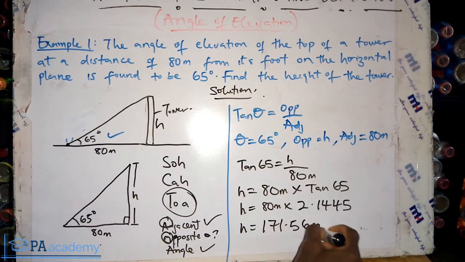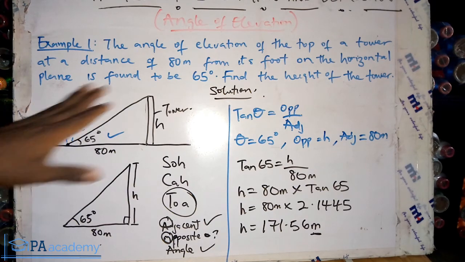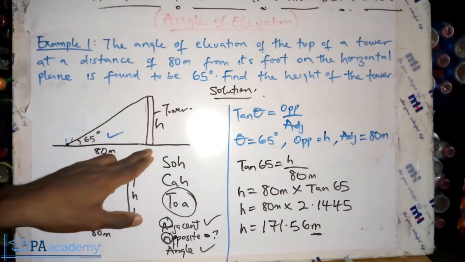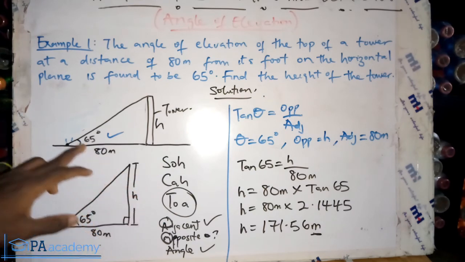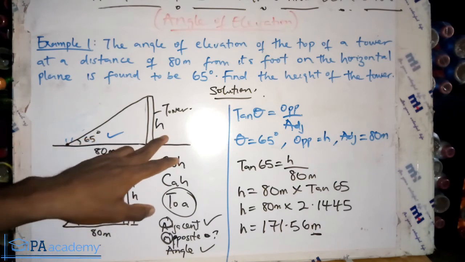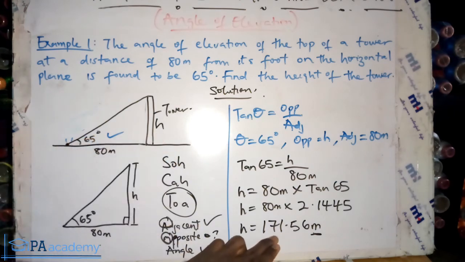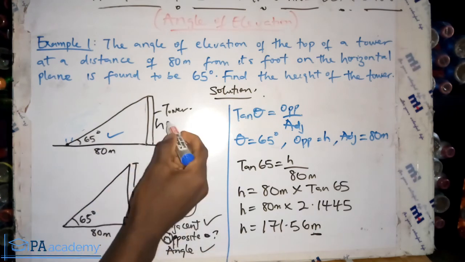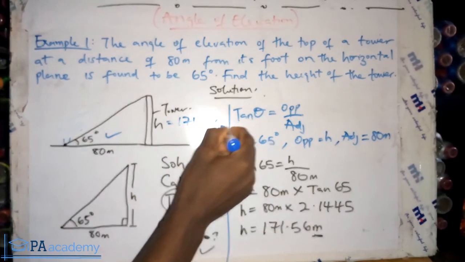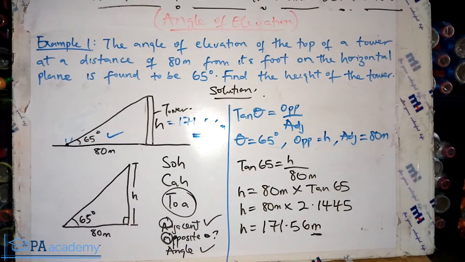Don't forget your units. And this is the answer to the question. What this means is that, given this question, if the distance between the angle of elevation and the tower is 80 meters, and the angle of elevation itself is 65 degrees, then the height of the tower is 171.56 meters. So this is the solution to question number 1.